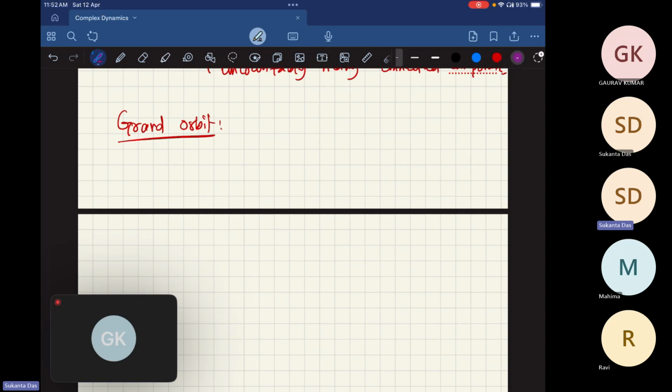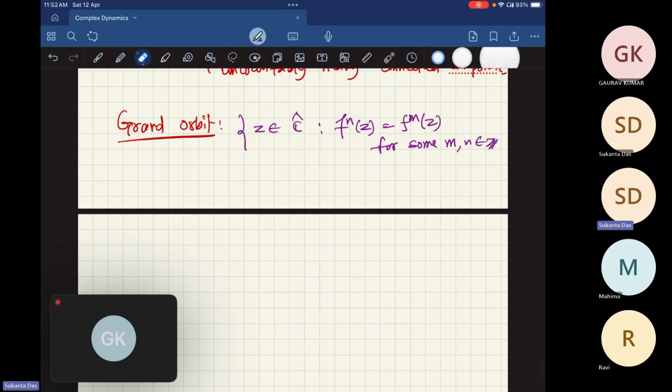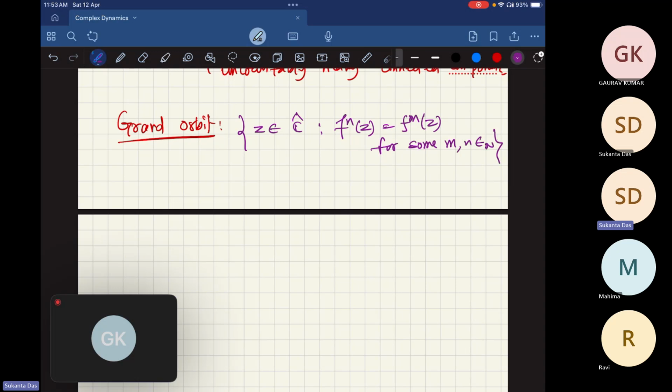The grand orbit is basically the collection of points in C hat for which f^n(z) equals f^m(z) for some m, n in natural numbers, or you can take it to be 0 also, N union 0.